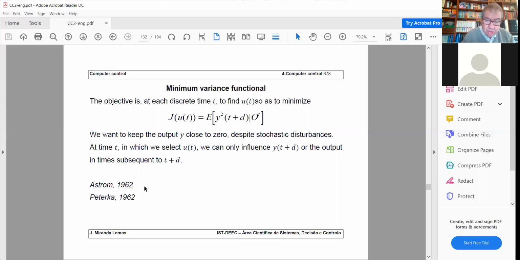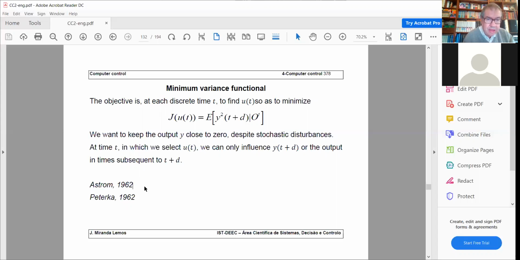And paper production was quite important in Sweden at that time. So he was considering the problem of producing pulp with the smallest possible fluctuations in the thickness.